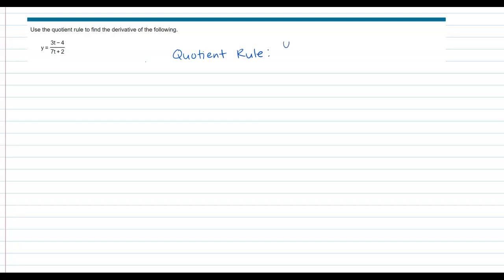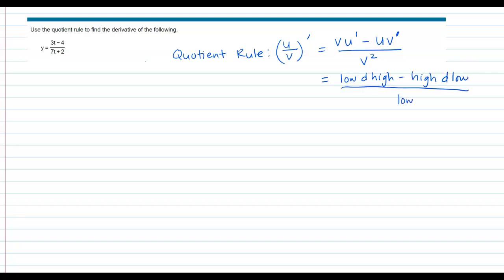If you have a function u over v, you want to find the derivative, this is just equal to low, so v, d high, u prime, minus high, so u, d low, derivative of the denominator, v prime, all over low squared. Okay, so you could also use that mnemonic, low d high minus high d low, all over low squared. So your numerator is your high and the denominator is your low.